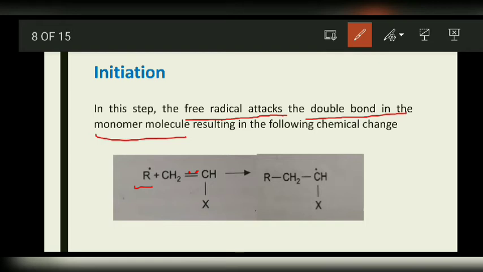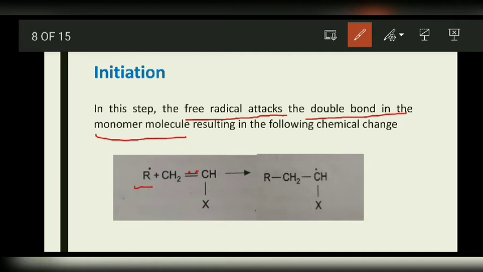So here, what happens is, this free radical attacks the pi electrons and forms a bond with one of the pi electrons, and the other electron is transferred to the other end of the molecule.